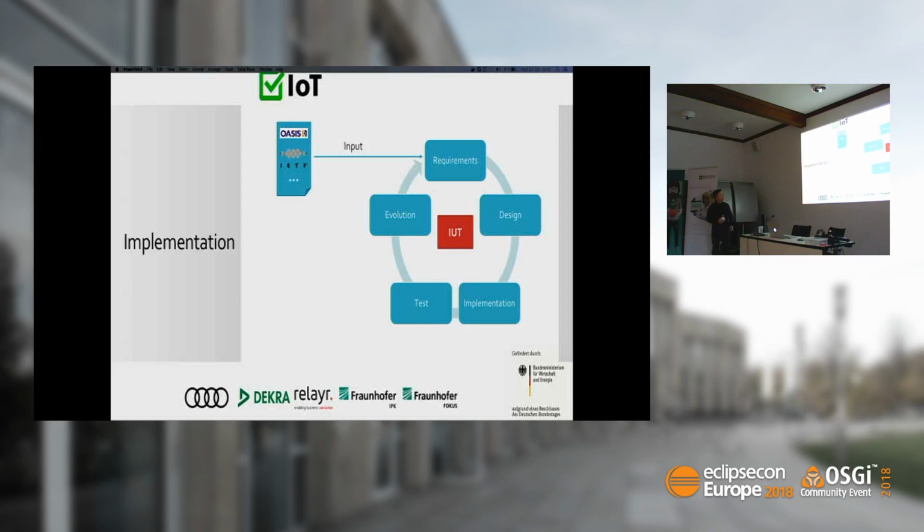Usually you take your requirements from a specification, run through your development lifecycle, and at the end you are fine with your implementation. You have your unit tests, and mostly that's it. But one thing is missing: the evaluation against your specification. How conformant is your implementation?